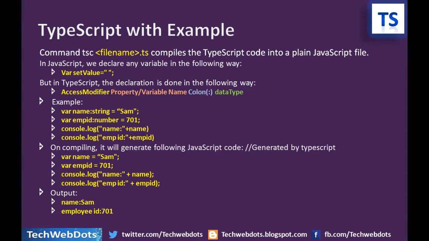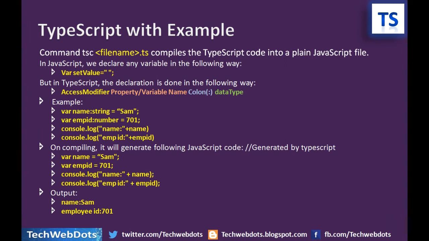Now I will show you with an example how we write a program in TypeScript. The command tsc is for the TypeScript compiler. We write the file name with .ts as the extension, and the moment we type tsc followed by the file name, it compiles the TypeScript code into a plain JavaScript file.